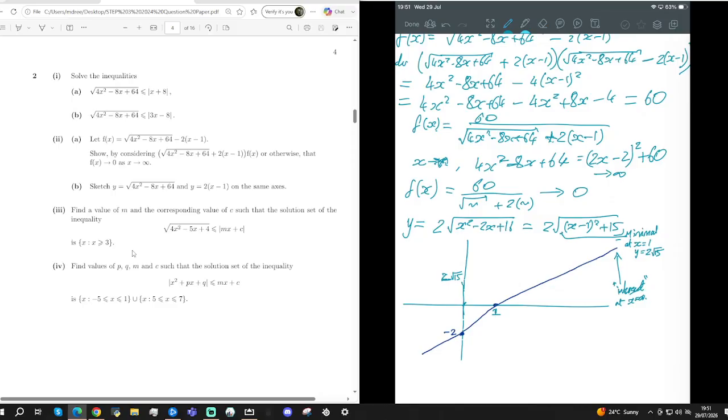So we've got our minimum at this point, and if we take a quadratic and we square root it, we're making it shallower, so we're getting probably something that looks a bit more like that, and that's where that asymptotic nature is going. If I sub 0 into this, I am intersecting there at 8, which is only a tiny bit higher than 2 root 15.